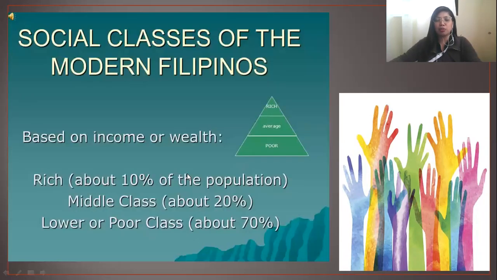Social classes of the modern Filipinos, by income or wealth: we have the poor, the average, and the rich. The lower or poor class is about 70%, the middle class about 20%, and the rich about 10% of the population.